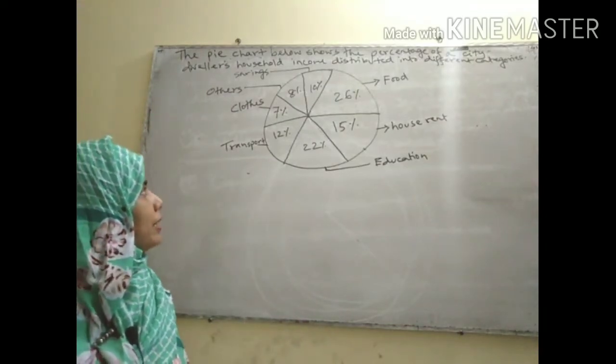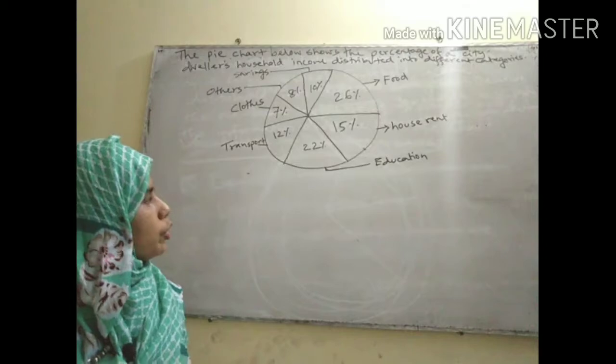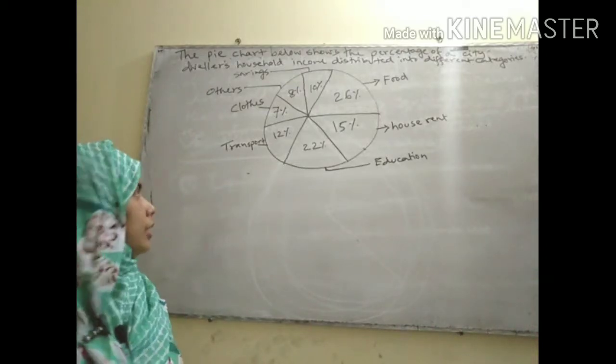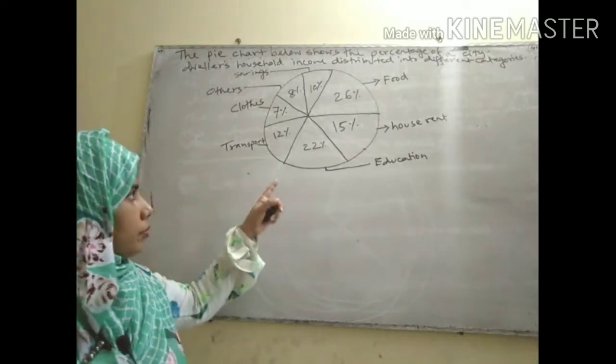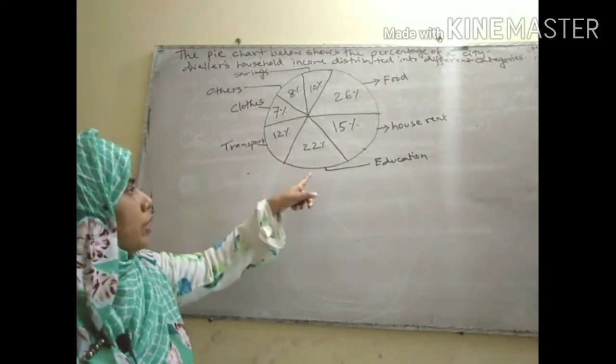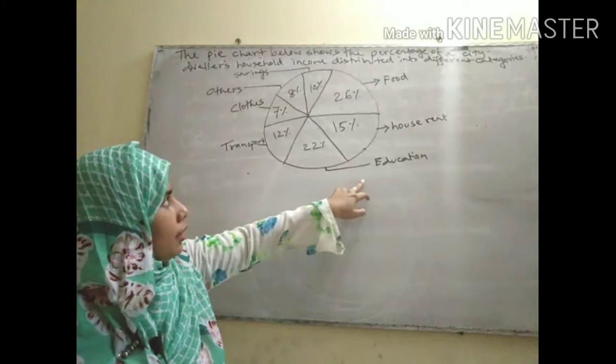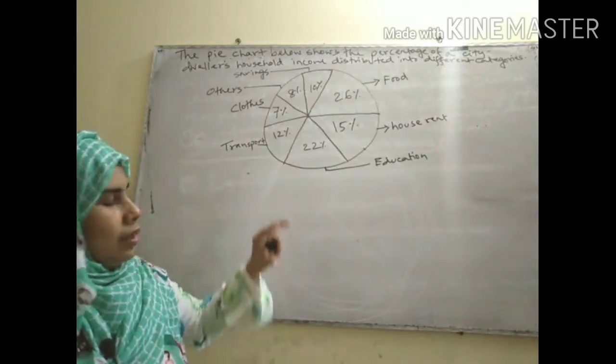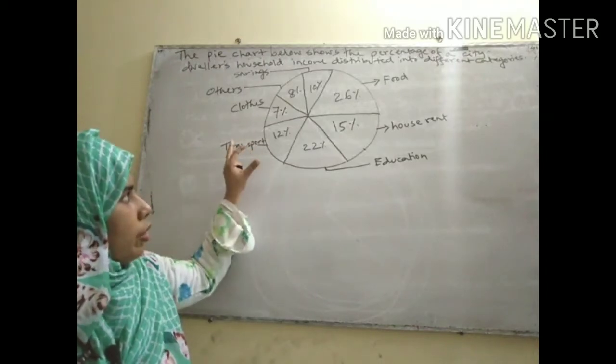The question is, the pie chart below shows the percentage of a city dweller's household income distributed into different categories. Here you can notice the categories. A family who lives in a city is called a city dweller.